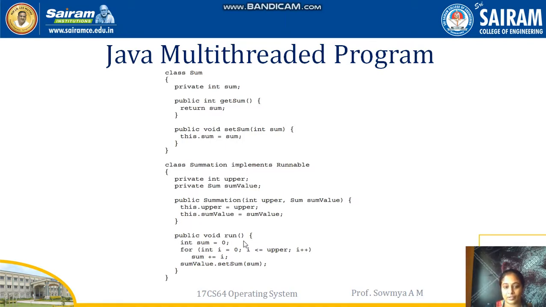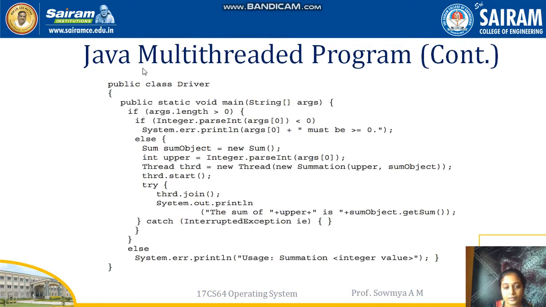But we'll go directly to where our thread gets created, in the class Driver under the main function, public static void main. In the main function, first we create our threads. So Thread is equal to new Thread, which creates a new thread.